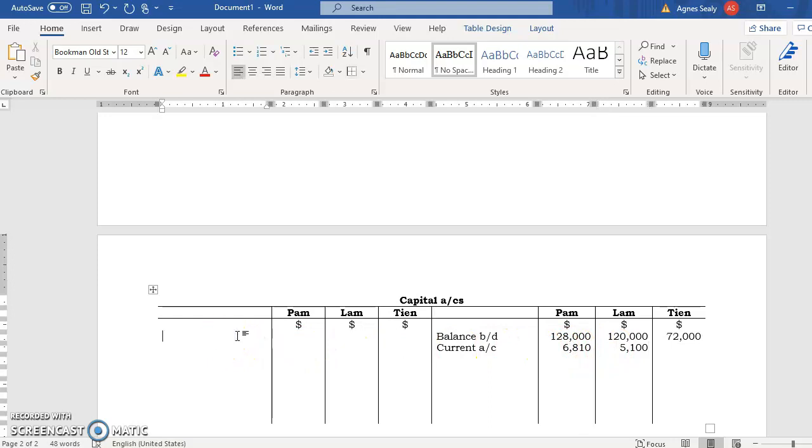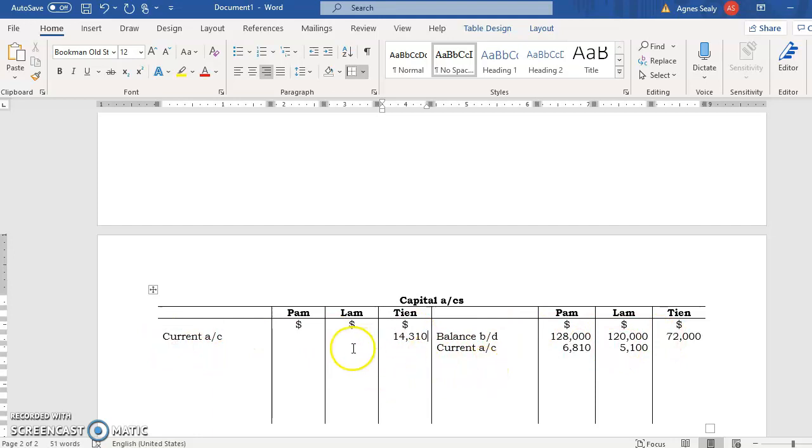And for Tien, closing his current account, $14,310. He's not entitled to this. And if you look, this is on the debit side of his capital account, and you will see if you subtract that from the 72,000, his amount of investment will be decreased.